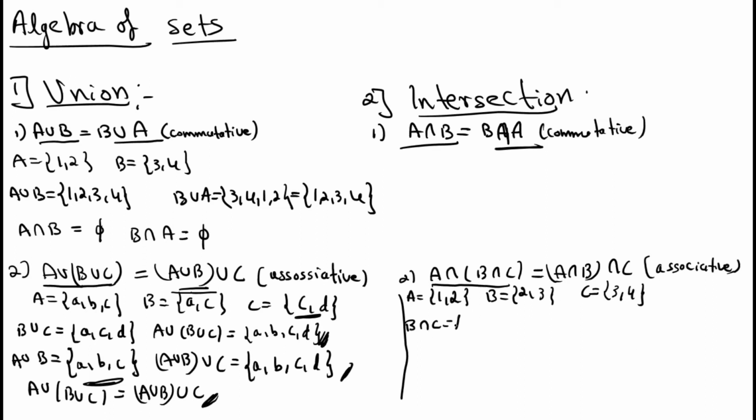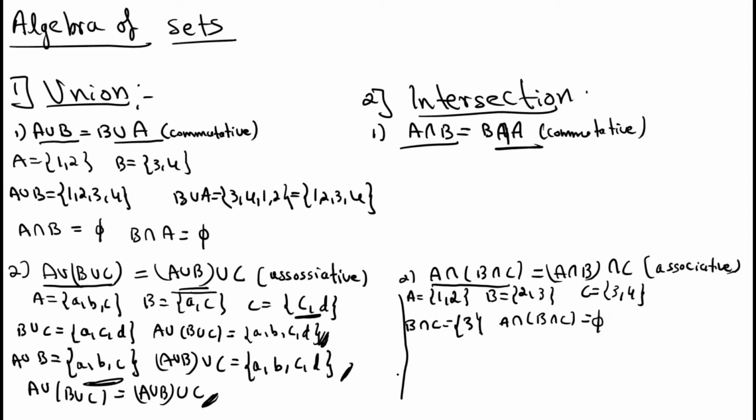B intersection C is equal to the singleton {3}. Next, A intersect with B intersection C. Set A has {1, 2}, B intersection C has {3}. It is equal to the empty set. We can't find any common elements.